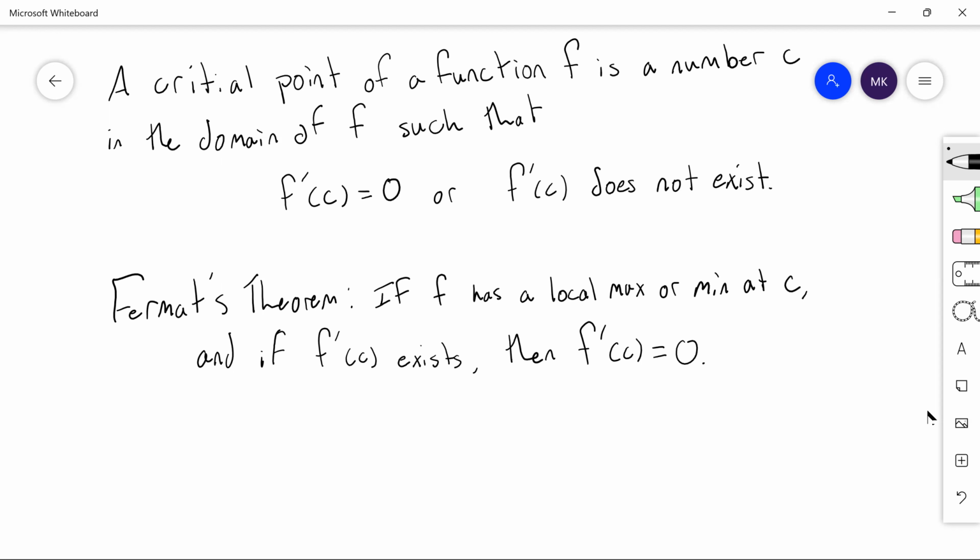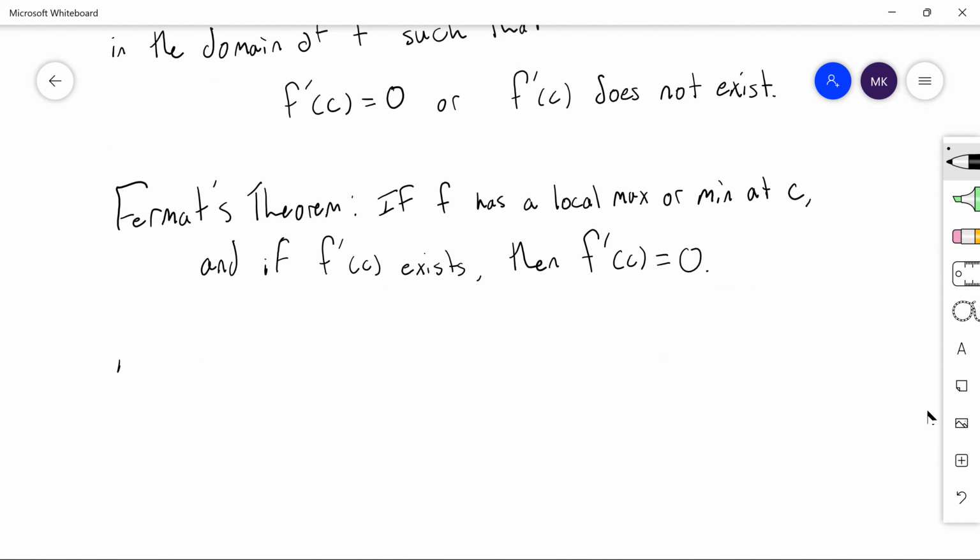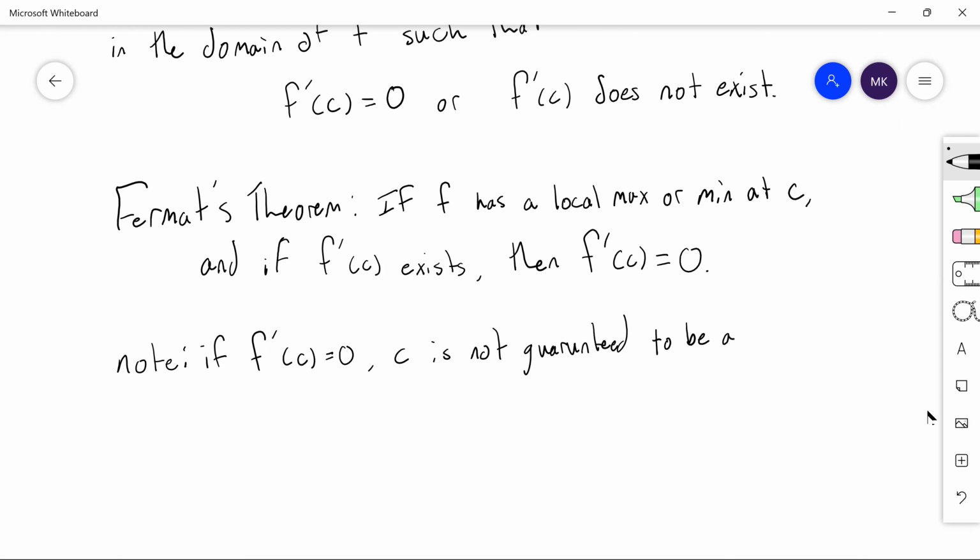Okay. Now the converse of this is not necessarily true. Note, if f prime of c equals 0, c is not guaranteed to be a local max or min.